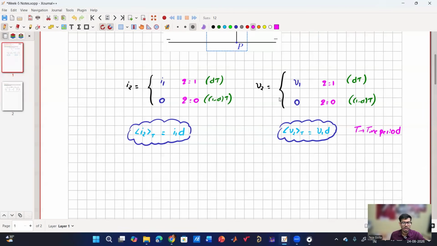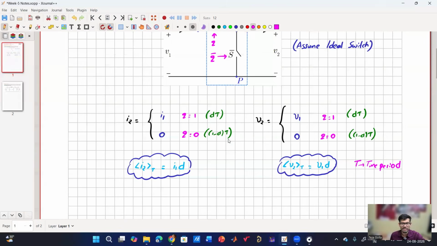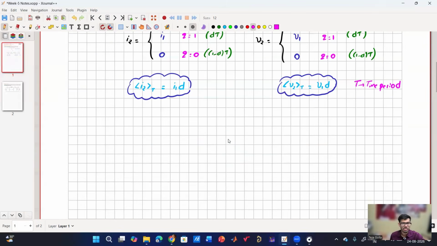So what do we do in circuit averaging as well as state space averaging? We consider an average value, so it will have a DC value. First of all, we'll neglect the ripple. Upon neglecting the ripple, we'll consider the average value, and on top of the average value, we'll excite it with a small perturbation.